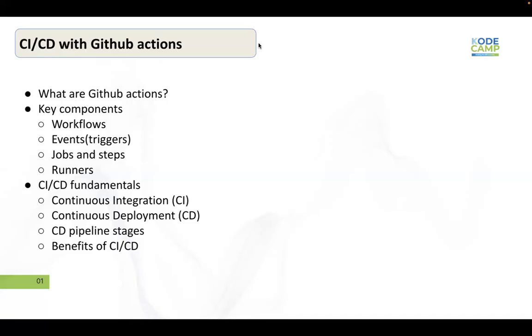Then it is merged to the staging branch and goes live in the staging environment. From there, if everything is okay, it is merged to the main branch, which is the production environment. Then the continuous deployment pipeline will run and automatically deploy your code to whichever hosting service you're using.